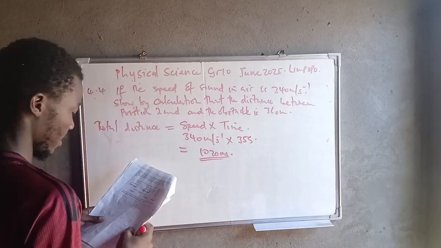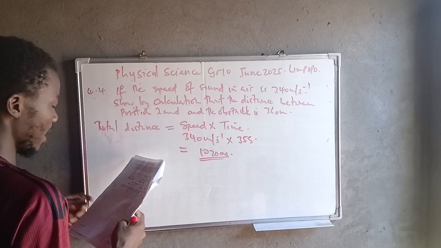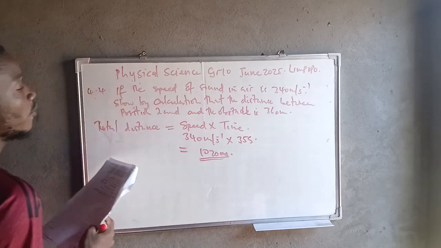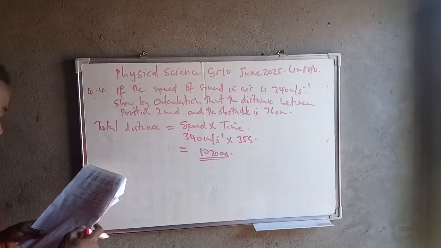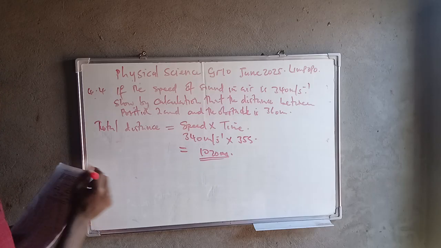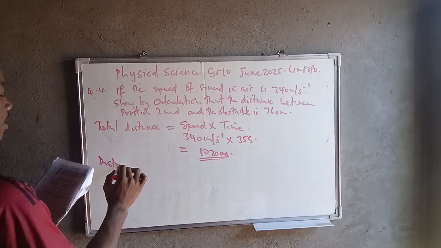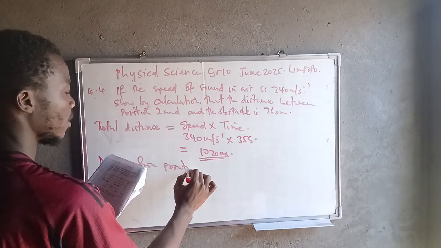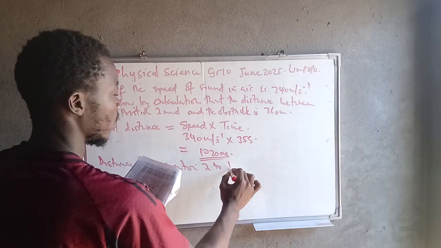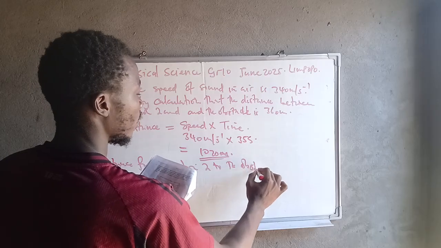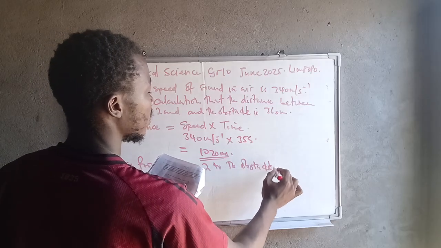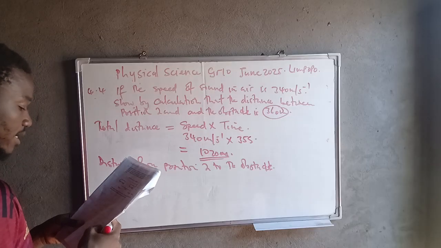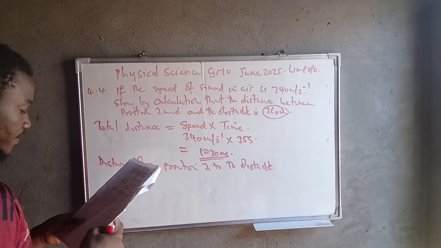That's the distance, right? Now we want the distance from position 2 to the obstacle, which we are asked to prove is equal to 360 meters, right?